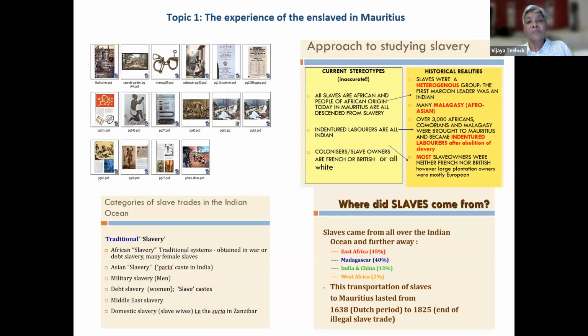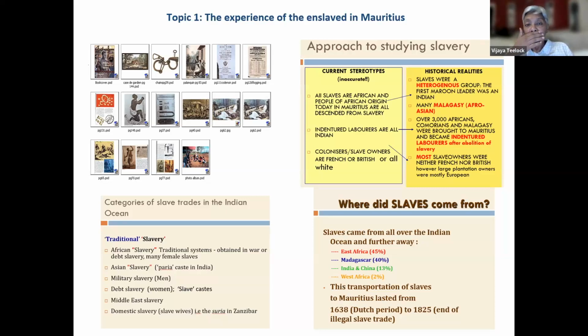In other words, what some people call traditional slavery or other forms of unfree labor that existed in the pre-colonial era, Mauritius has never known that. We've only known colonial slavery. In fact, Mauritius was created out of colonialism. So that's an important distinction to make between mainland Africa and some of the islands of the Indian Ocean.